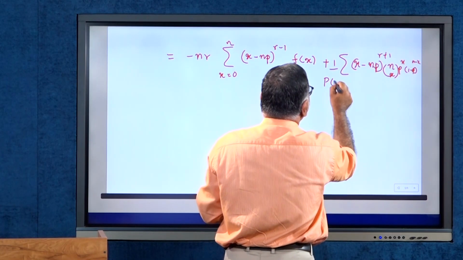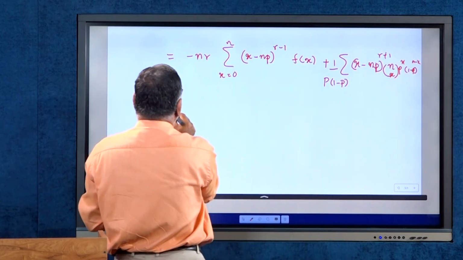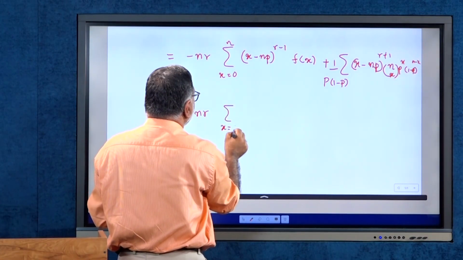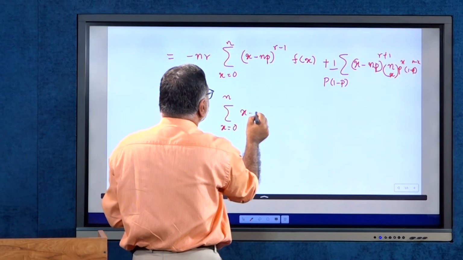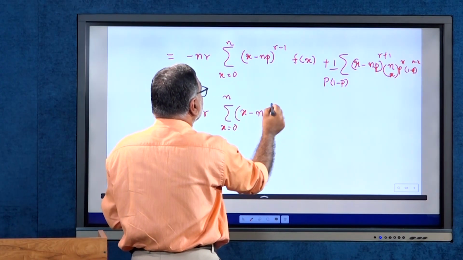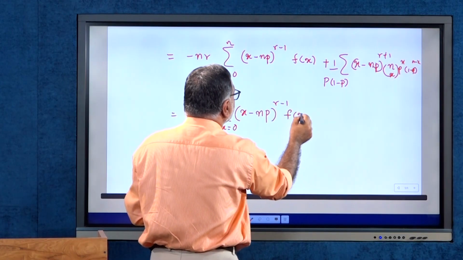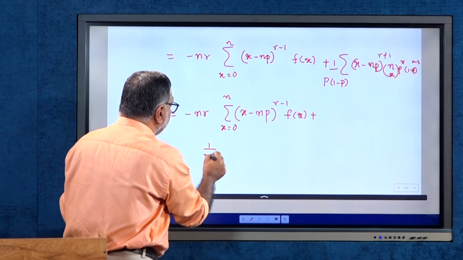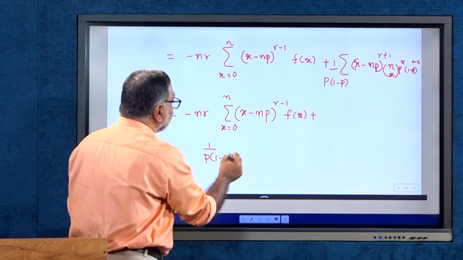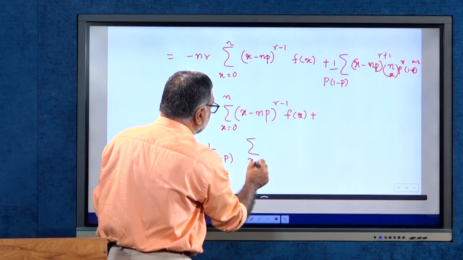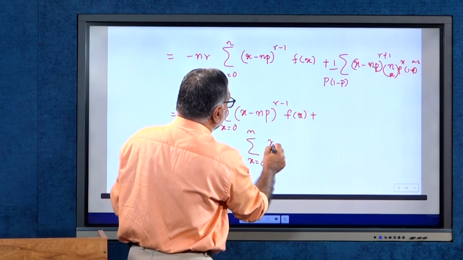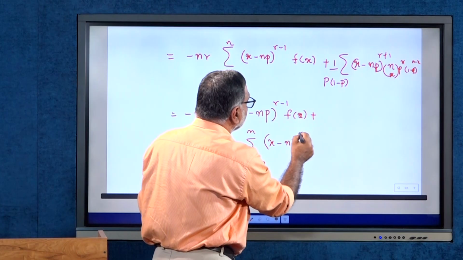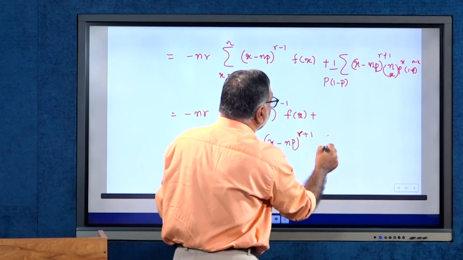So, that can be written this way, or minus nr sigma x is equal to 0 to n (x minus np) power r minus 1 fx plus, second expression is 1 divided by p into (1 minus p) sigma over x is equal to 0 to n (x minus np) power r plus 1 into the probability mass function.